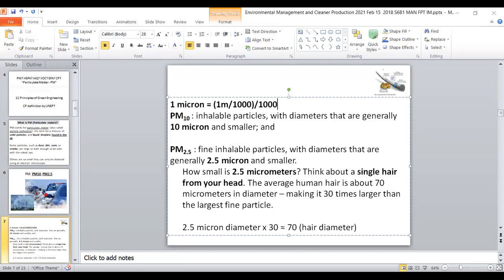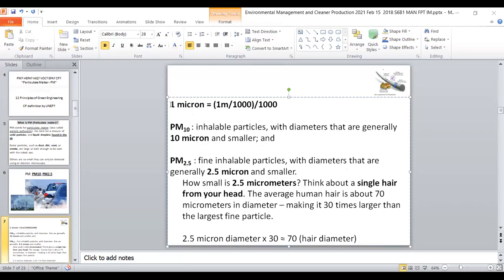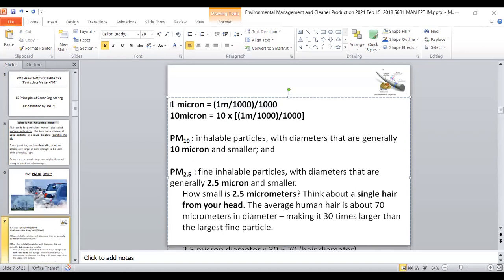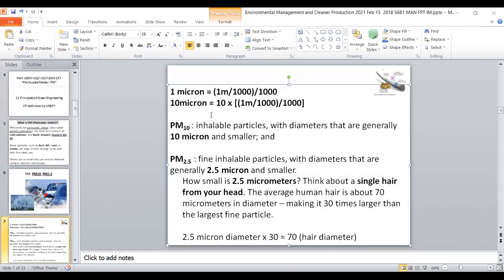Imagine how small these particles are. So 10 microns means 10 times this, 10 of 1 microns. Still very small.